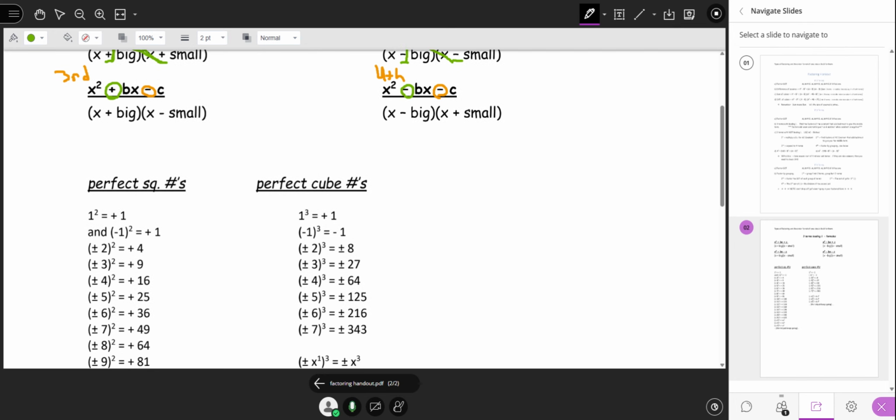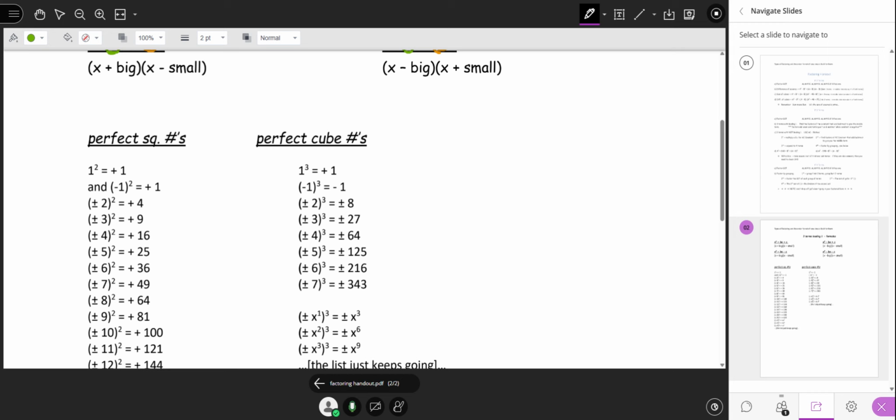And then the last thing I need to show you on this factoring handout is perfect square numbers. Notice whether it is plus to start with or minus to start with. Once you square it, your answer is plus.